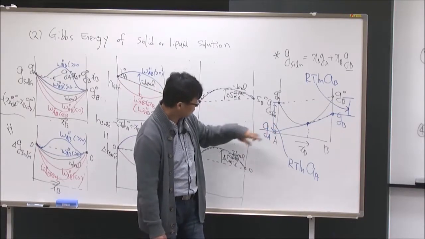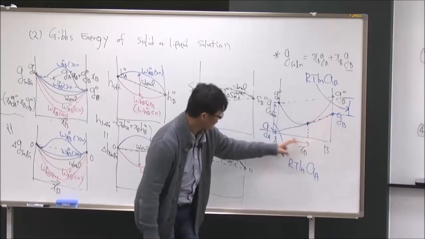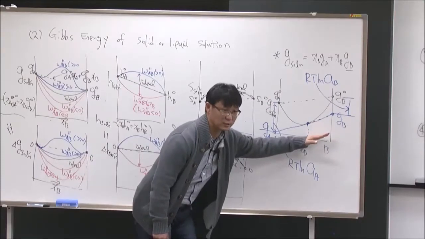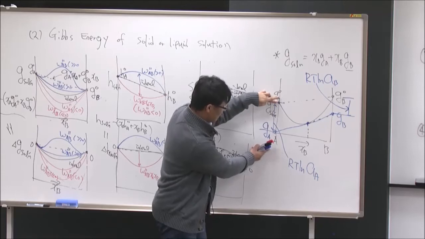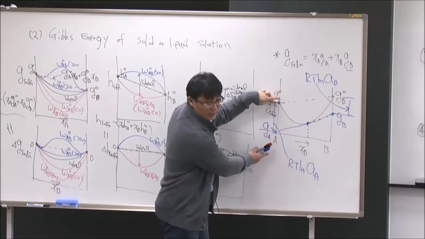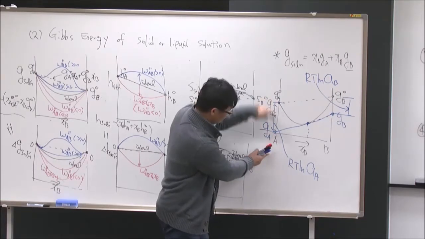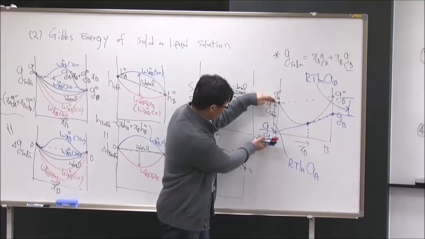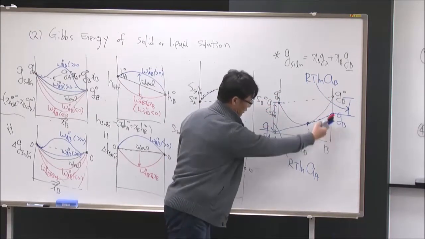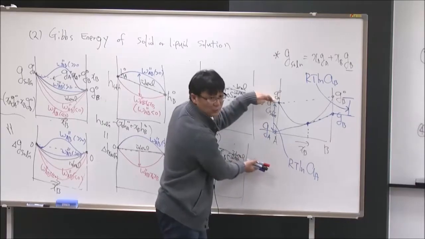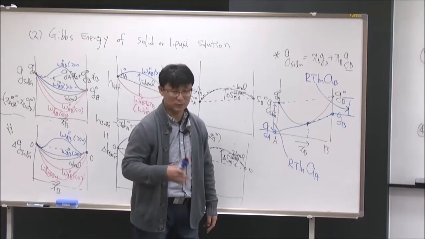Also, if my Gibbs energy here is more negative like this, then if you draw the tangent line, the difference becomes bigger and bigger. Activity is less than 1, so this term is always negative; this equals this minus something. So when you have a bigger difference, meaning a more negative Gibbs energy, activity becomes smaller and smaller.